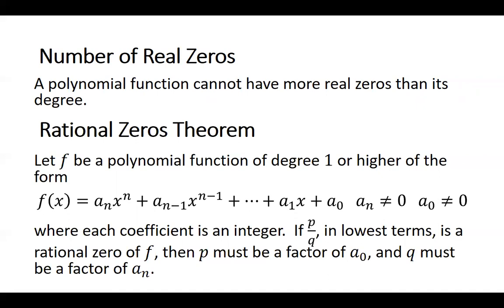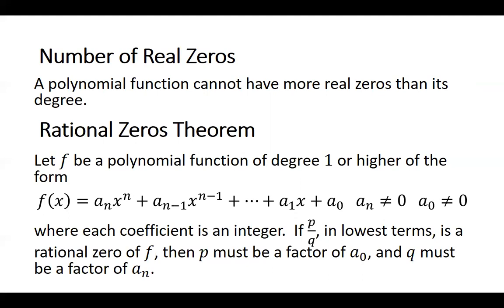And a sub 0 is not equal to 0. So we are going to have some constant term, where each coefficient is an integer. If p divided by q in lowest terms is a rational zero of f, then p must be a factor of a sub 0 and q must be a factor of a sub n.